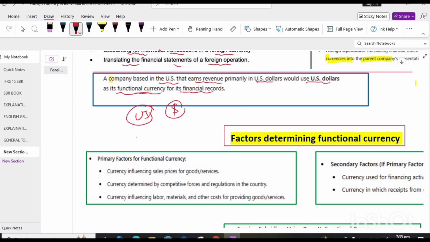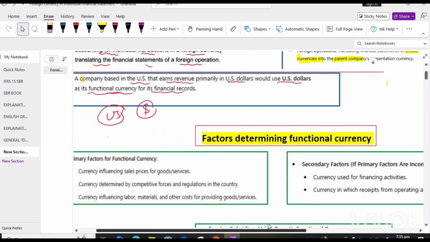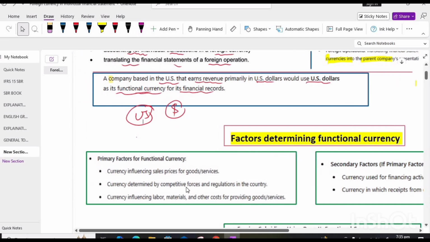Here we have two types of factors: the primary factors and the secondary factors. Clear?